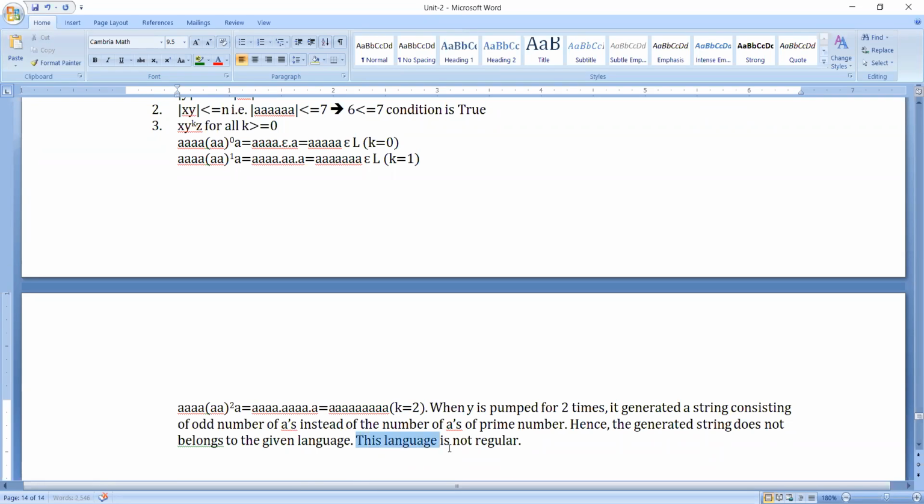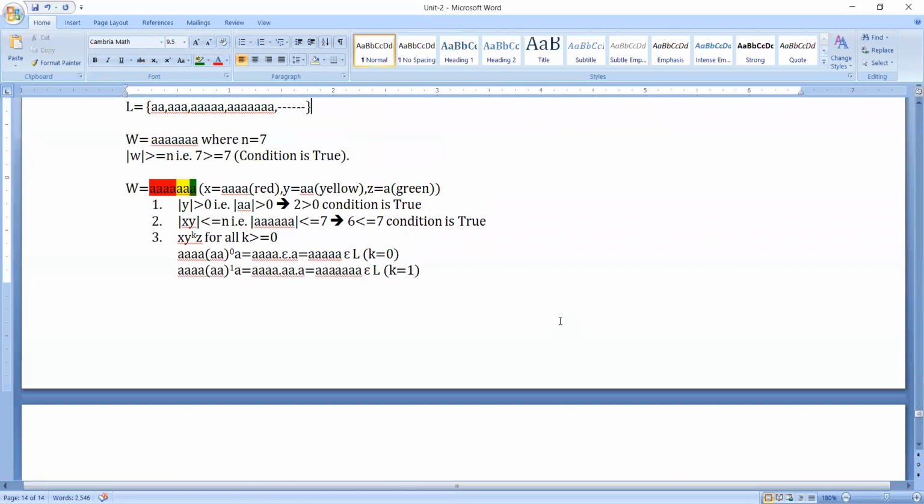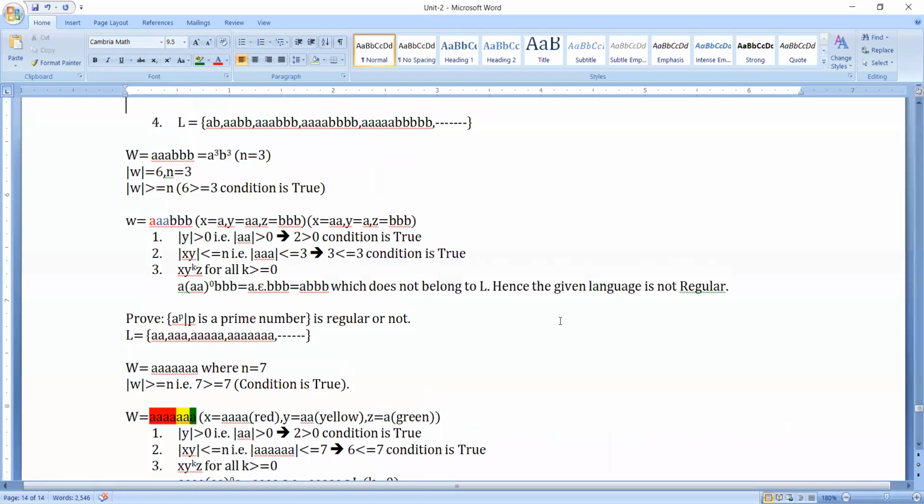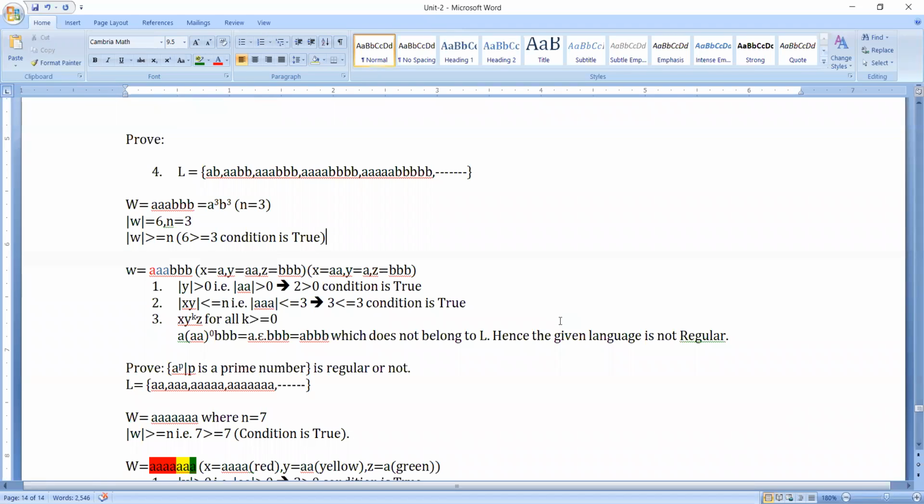Okay, so like this, we need to prove whether the given language is regular or not. You can see in our earlier case, straight away with k equal to 0 itself it has been proved whether the language is regular or not.